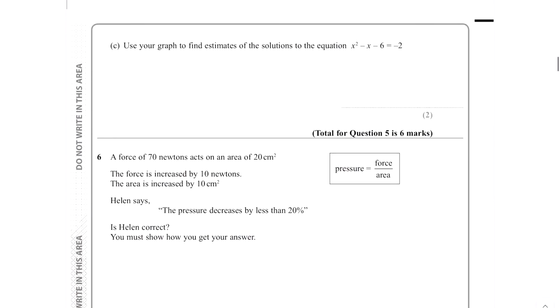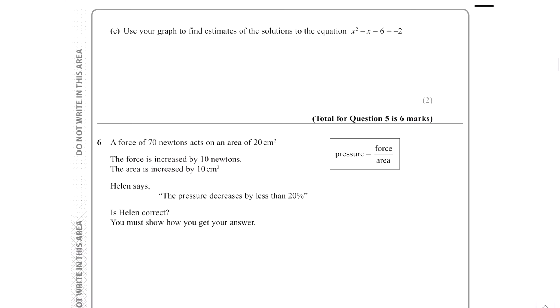Use the graph to find estimates for the solutions to the equation x squared minus x minus 6 is equal to -2. So remember the equation they gave us at the top looked something like this. y is equal to x squared minus x minus 6. In this case, if you notice, this and this are the same, but there's a minus there, so that means y must be -2. And it says solutions, so there must be more than one answer.